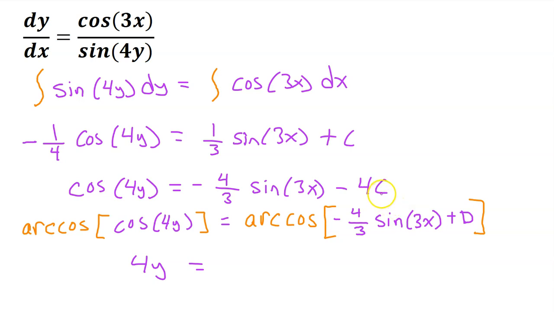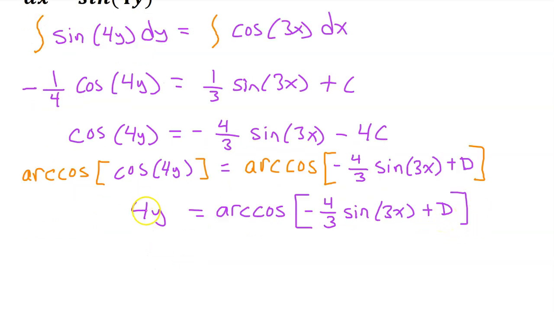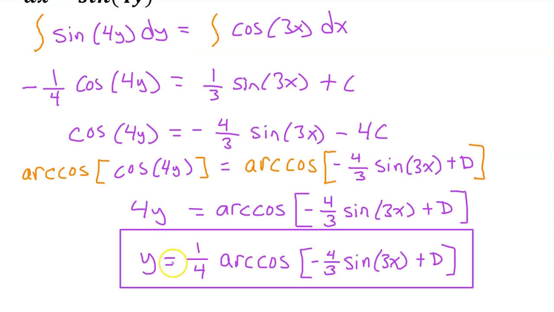Notice that I went ahead and replaced the negative 4c with the letter d because negative 4c is just another constant, so we might as well call it d. Finally, we can get y by itself by dividing both sides by 4. So this is the final answer to example 3.